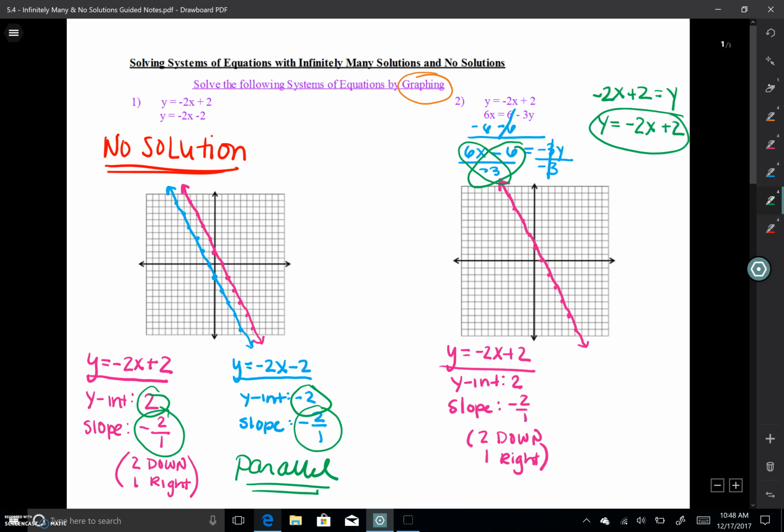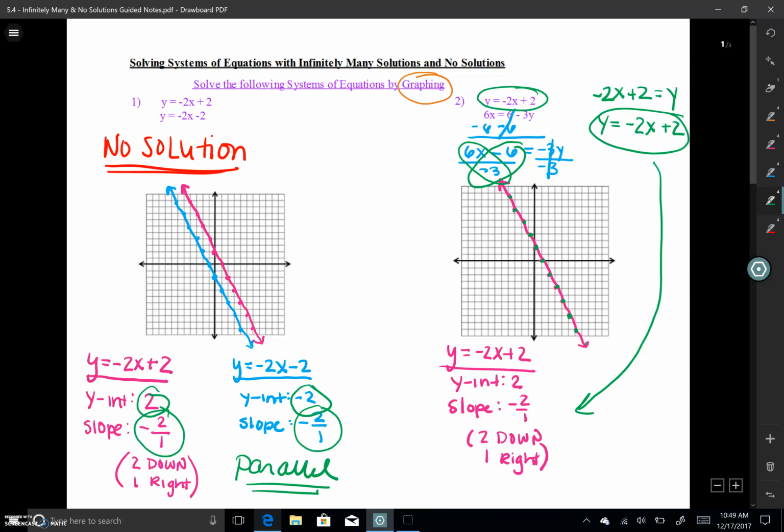Now at this point, I should notice that the second equation and the first equation can now be written as the same thing, which means that the y-intercept and slope for this second equation will be the same as the first equation. So when I go to plot these points for the second equation, what I'm going to find is that this line for the second equation lies directly on top of my first line.